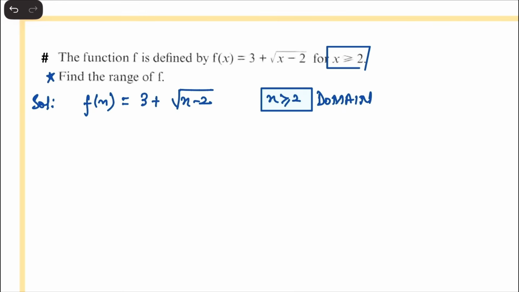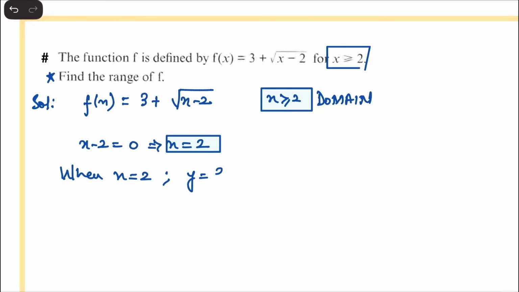Okay, so we need to calculate the range. For this, I will put x minus 2 equal to 0, and I will get x equal to 2. So x equal to 2 is the point when the root function becomes 0. So I will write when x attains the value 2, the function y attains the value of 3, right? And now try to understand that this particular function will always have its value more than 0 or 0. 0 is the minimum possible value.